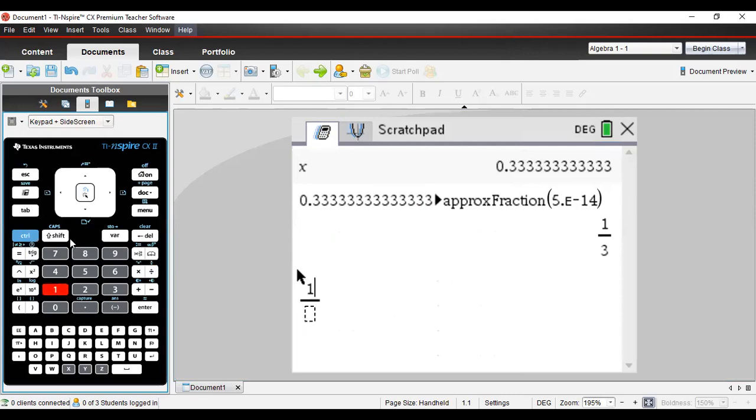I'm going to put a 1 divided by 3. And if you want to convert it to a decimal, all you have to do is at the end of the number, just put a decimal there. Press enter, and it tells you that 1/3 is equal to 0.3333333, repeating forever, which is what we have up here.